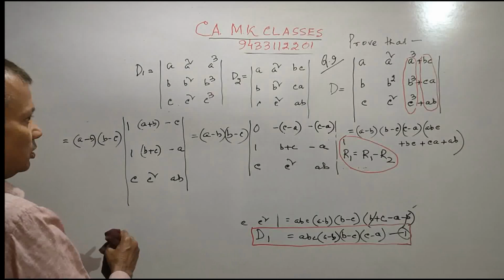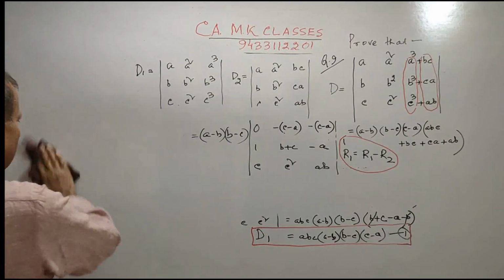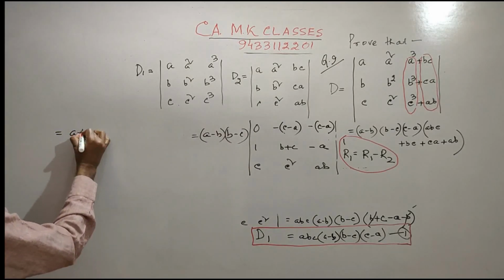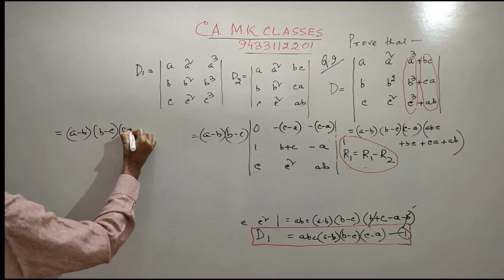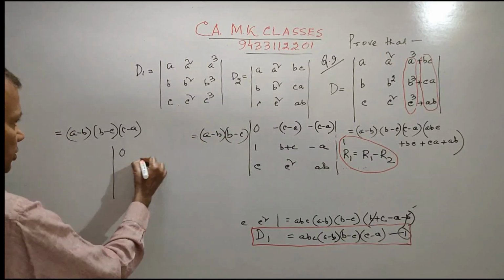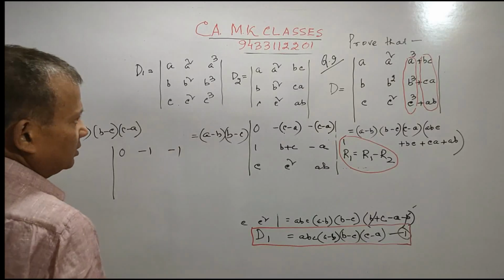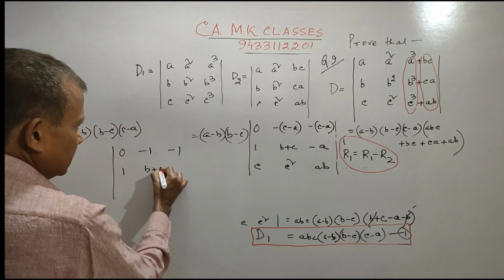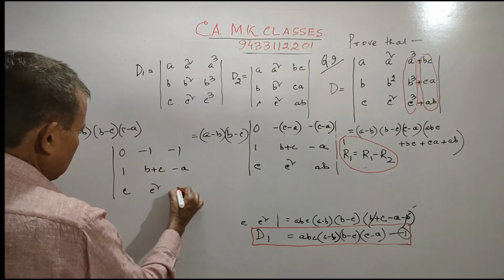So here a minus b, b minus c, c minus a, and remaining 0, minus 1, minus 1, 1, b plus c, minus a, c, c square ab.